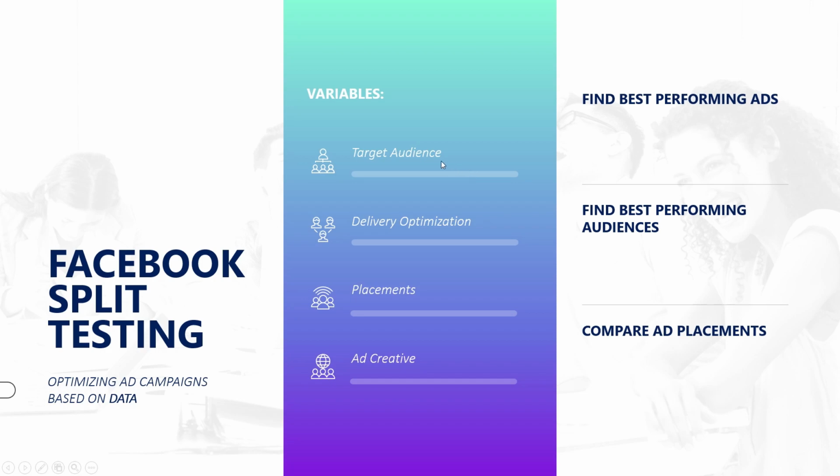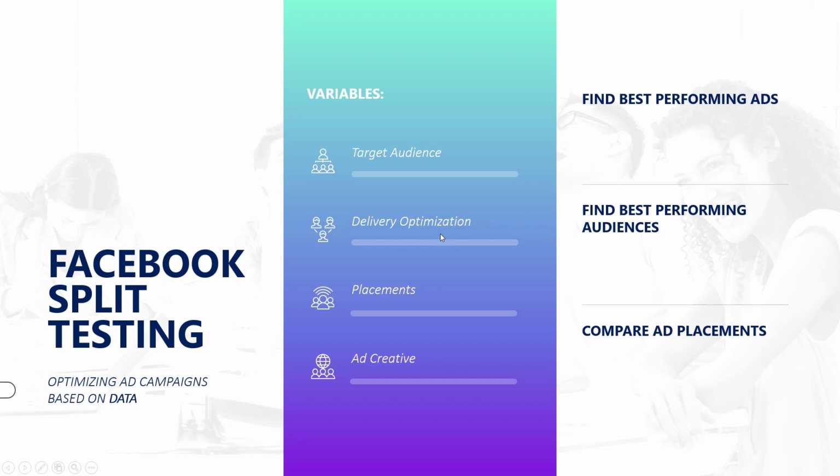And based on which ad group performs better, you can then create your next campaign and choose the winning audience so that you get the maximum results, because you know which audience is getting you better results. That's one way of trying out different audiences using Facebook split testing.